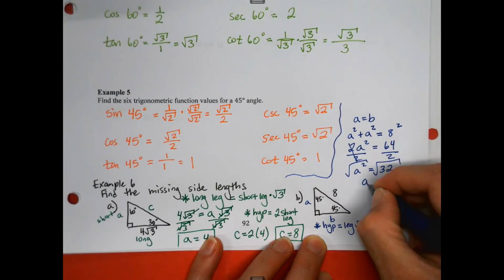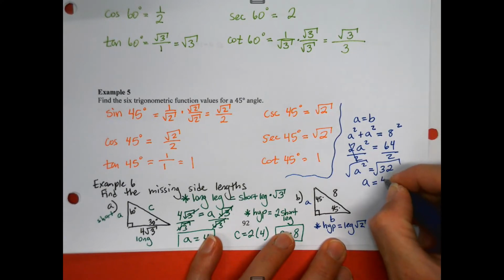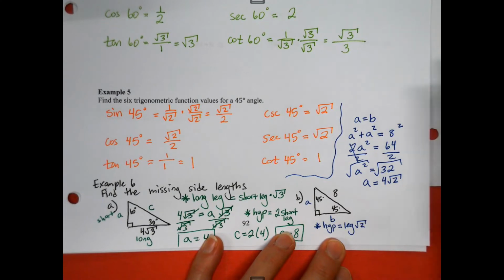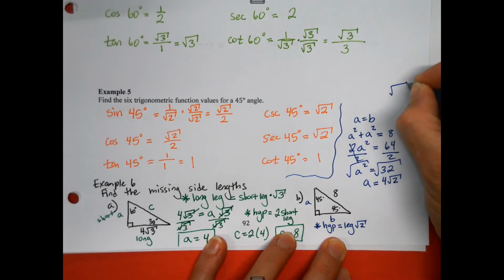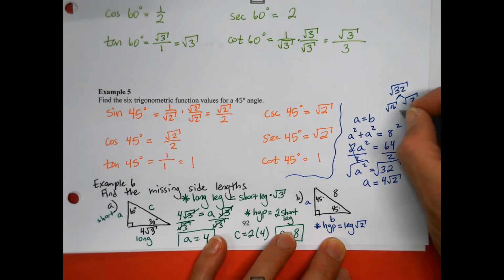We get that A is equal to 4 times the square root of 2. Where did that come from? The square root of 32 happens to be the square root of 16 times the square root of 2. And the square root of 16 is 4. So that's how I got that.